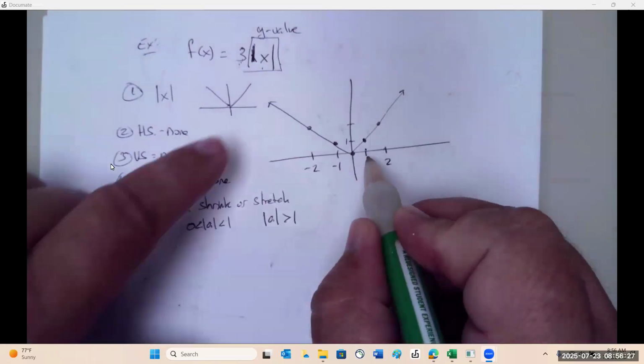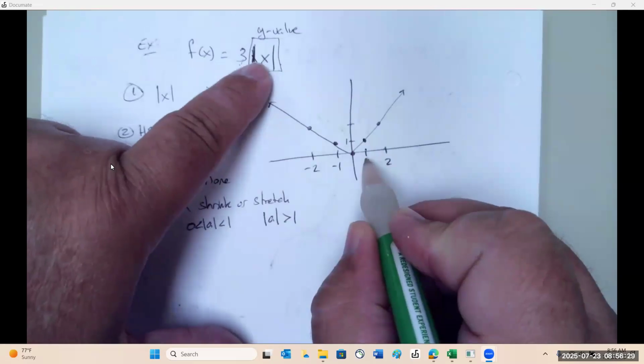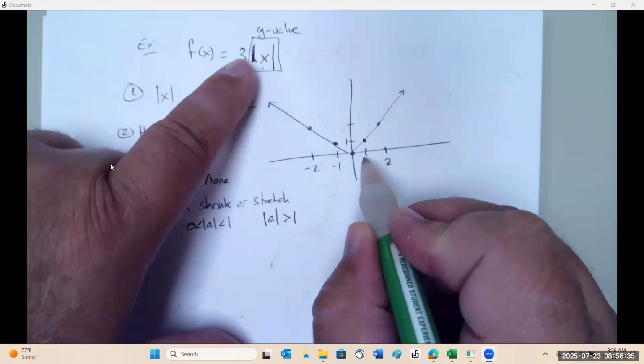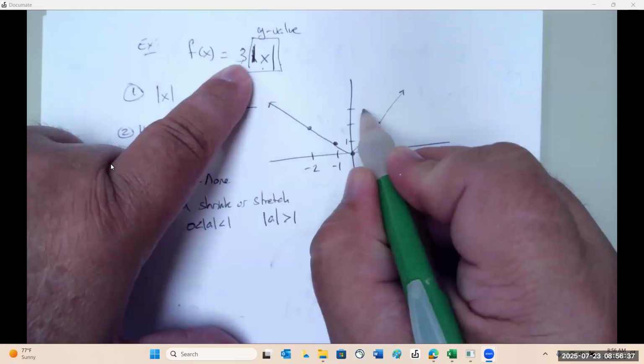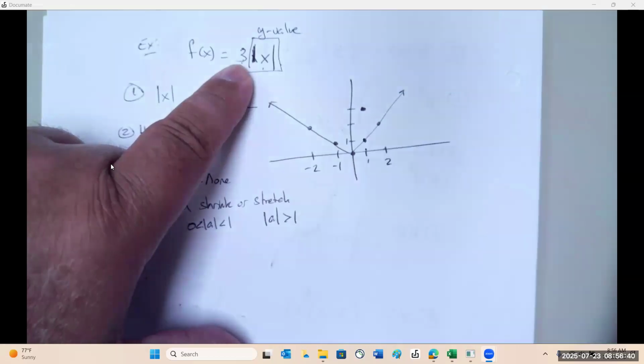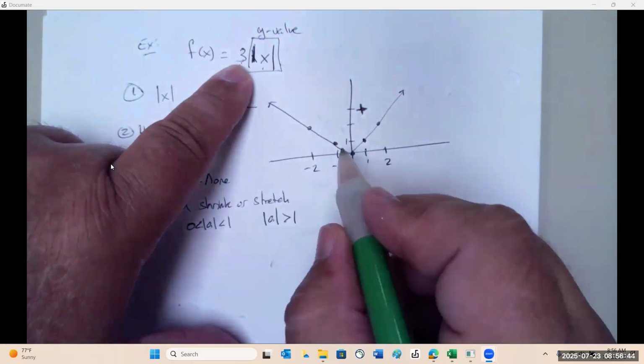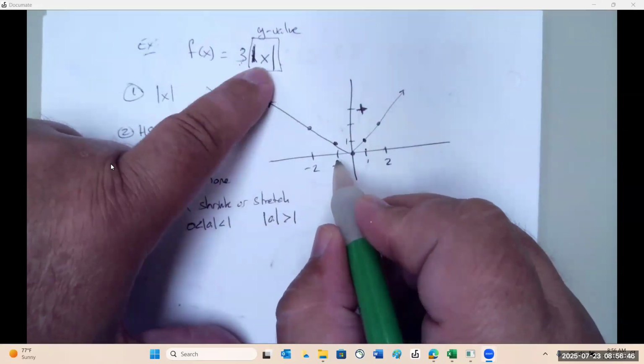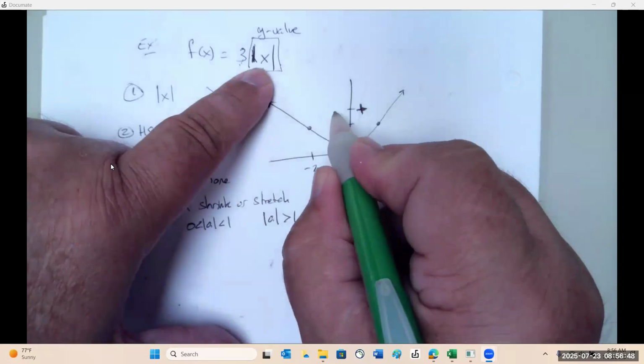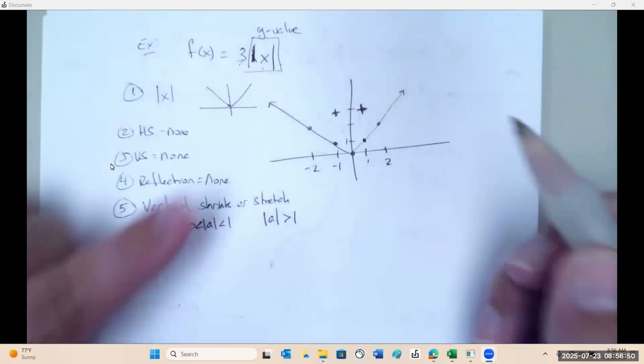So when x is 1, what's the absolute value of 1? 1. 1 times 3 is 3. So there's my new point right there. When x is negative 1, the absolute value of negative 1 is 1, times 3 is 3.